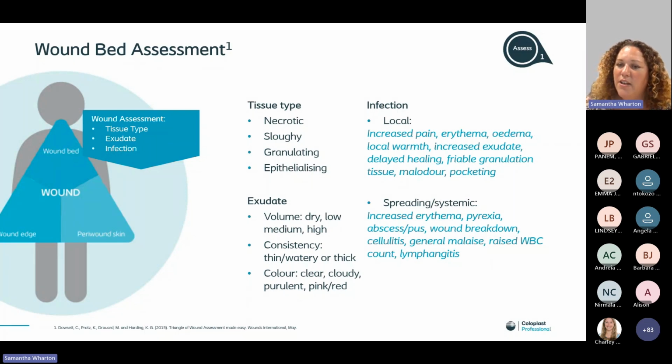So again, your patients will become increasingly unwell. They'll present with pyrexia. There might be abscess or pus, wound breakdown. And often when you get to that spreading or systemic stage, the patients say, I just don't feel right. Something's not right. And again, those are your indications that that patient's more at risk of systemic infection.